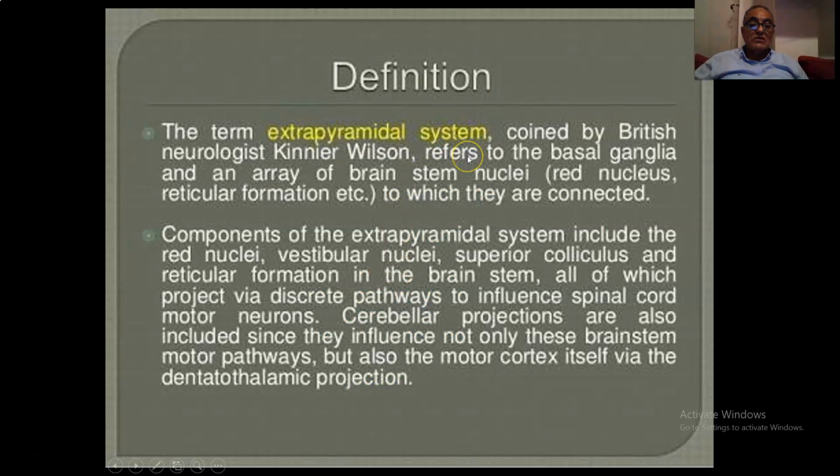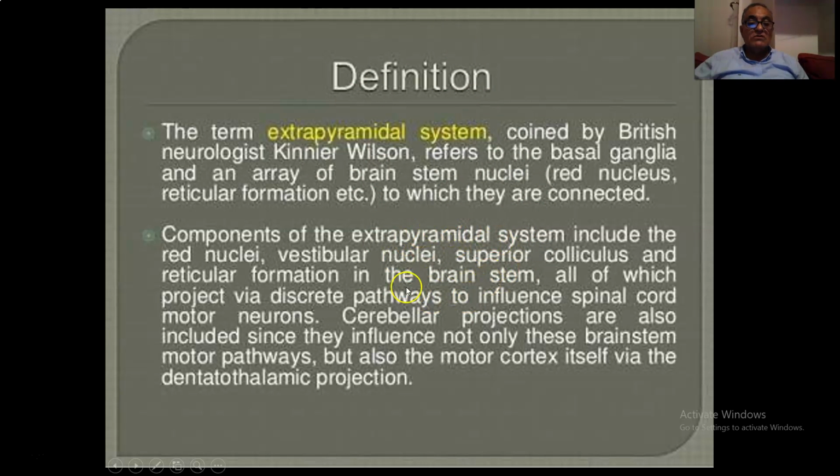The definition of the extrapyramidal system: this word was coined by the British neurologist Kinnier Wilson, who said that the basal ganglia and the brainstem nuclei contain a descending motor system outside the pyramidal tract, and he called this system the extrapyramidal system.